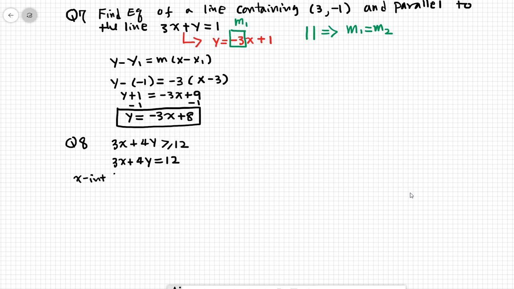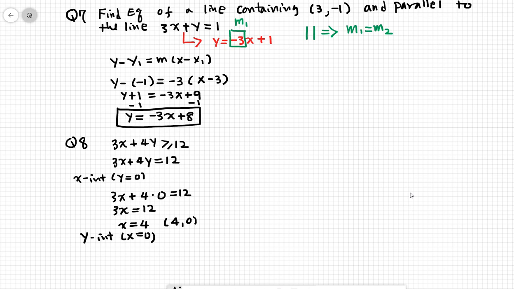The x-intercept means that y equals 0. So plug that in. You get 3x plus 4 times 0 equals 12. So then I have 3x equals 12. Divided by 3, I get x equals 4. So the x-intercept is going to be (4, 0). And for the y-intercept, this means x equals 0.